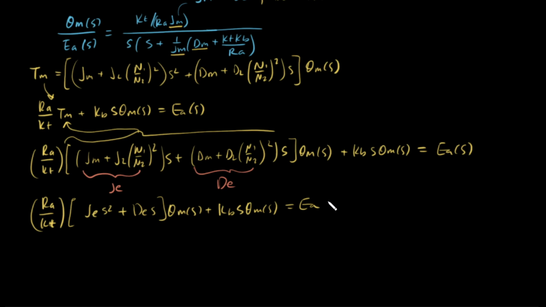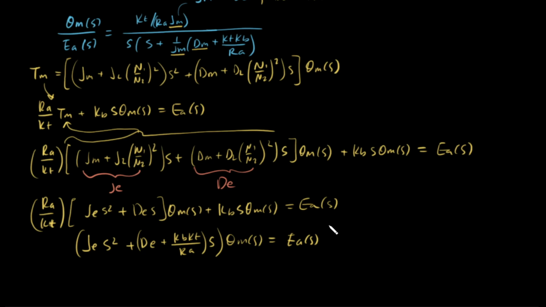And then we can just simplify this expression more and get (JE S squared plus DE plus KB KT over RA times S) theta M of S, and that's equal to EA of S times KT over RA.